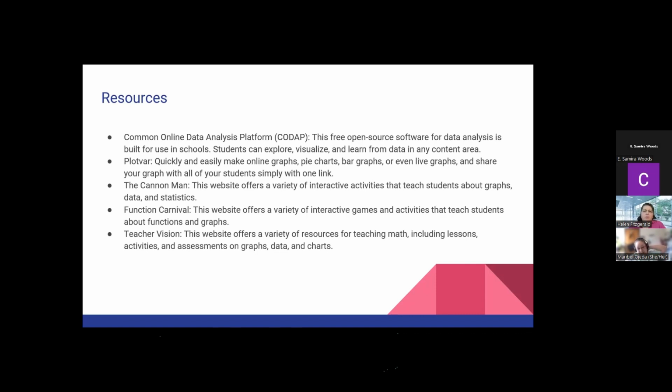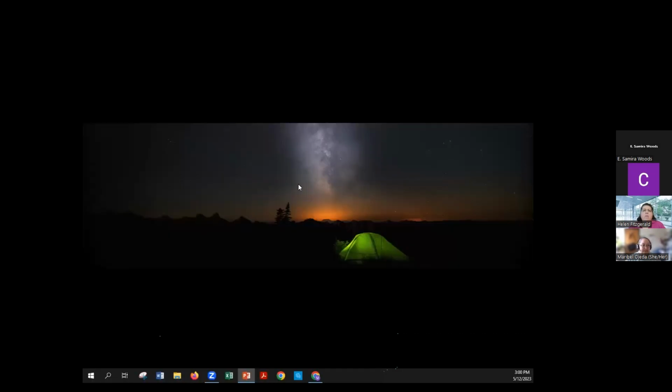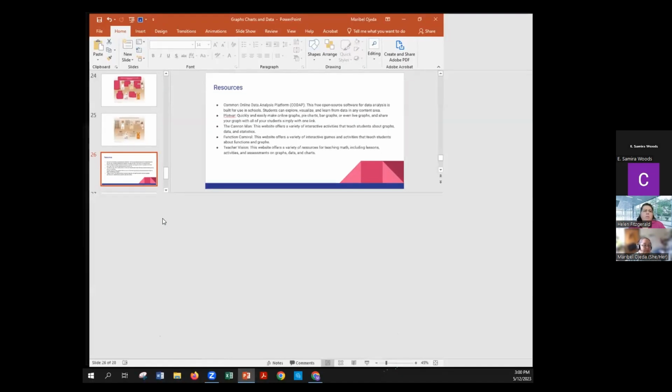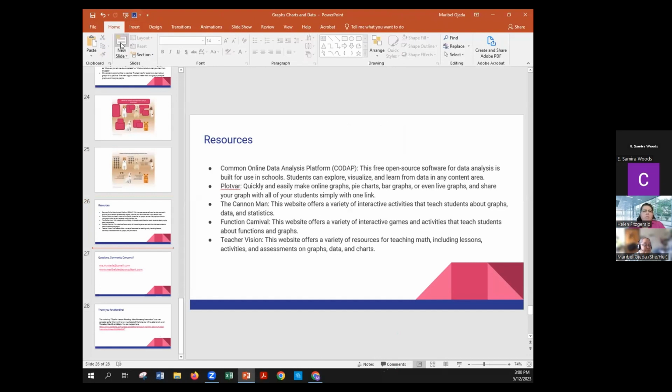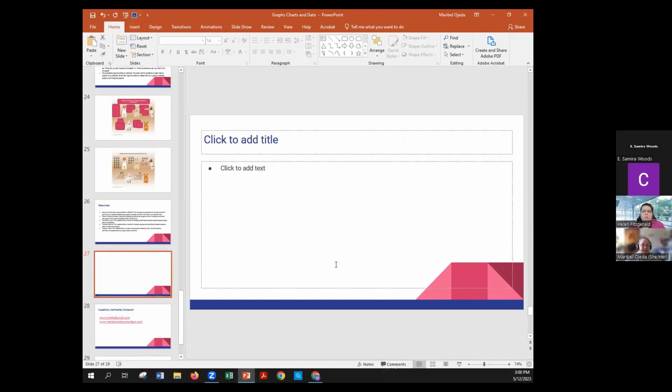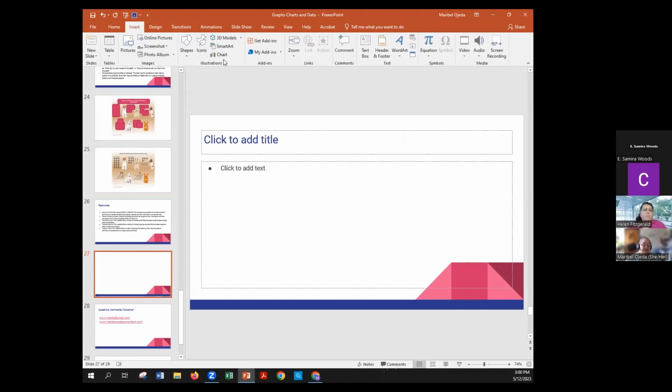What I'd like you to do is either use PowerPoint or slides to create a graph, just like I showed you in the beginning, right? So you're going to create a slide, going to hit insert and hit chart.